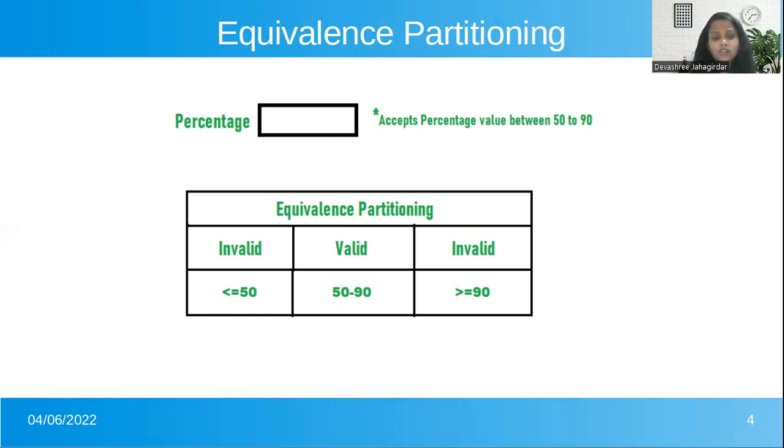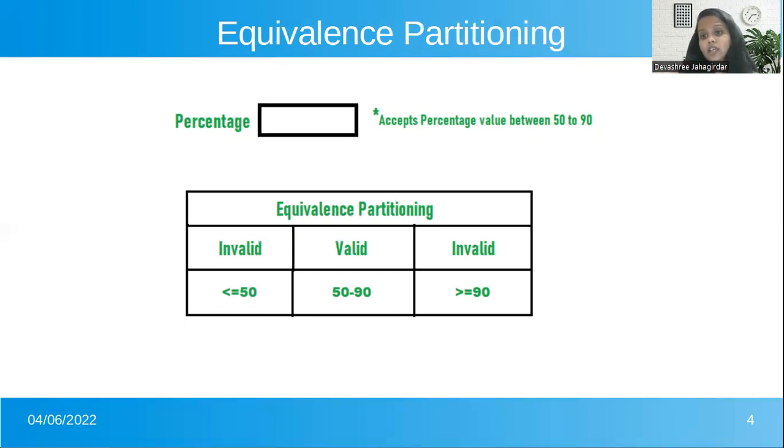For example, we are considering a page for college admission, right? A particular college accepts a percentage between 50 to 90. But if I put less than 50, it should throw me an error, so it should not accept that data.